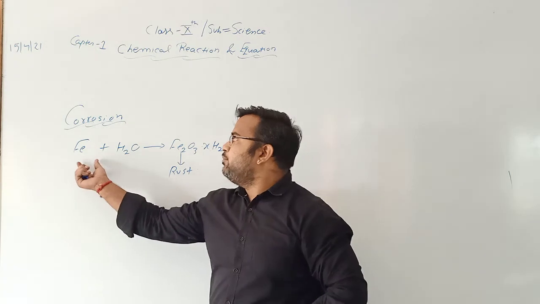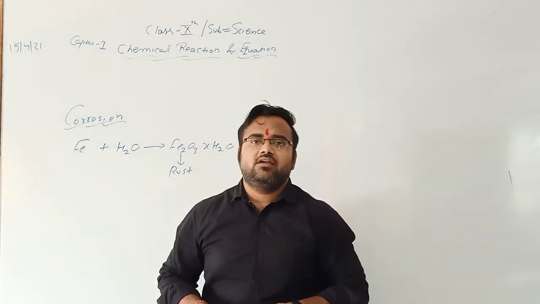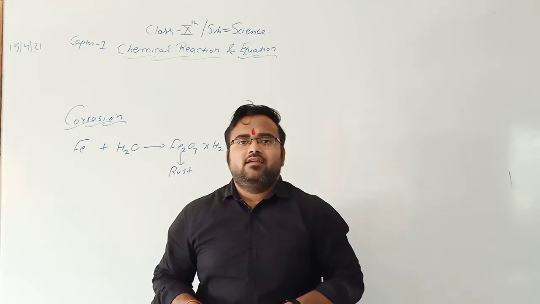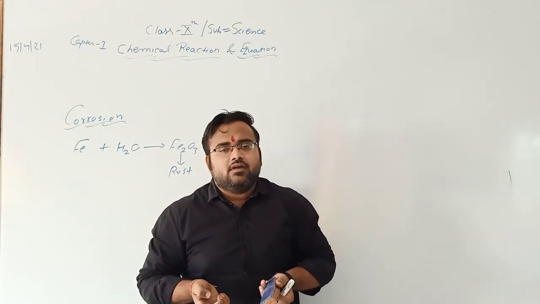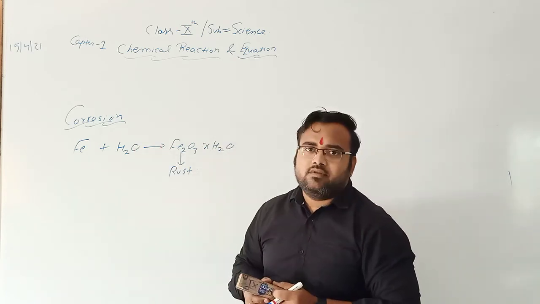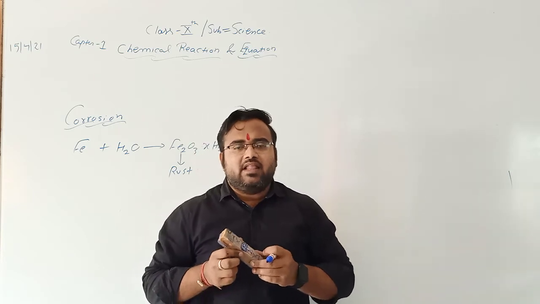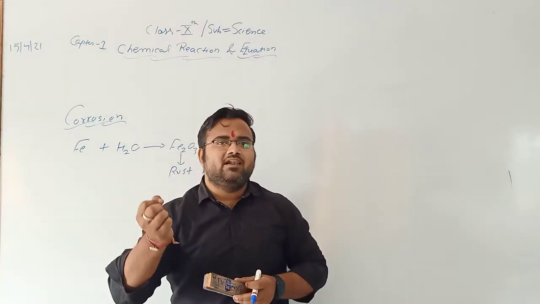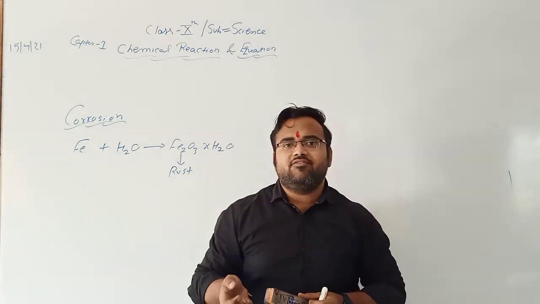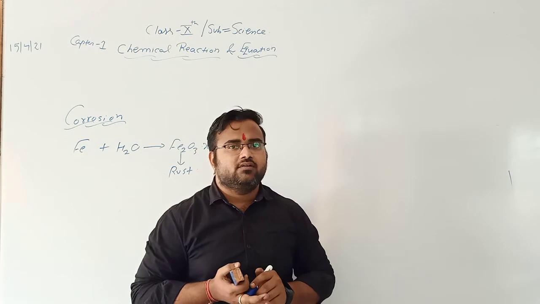When any metal comes in contact with water, air or acid, and its destruction starts, that is known as corrosion. We can see corrosion in our day-to-day life: the sliding windows, metal substances or metal rods get destroyed when they come in contact with air or moisture.